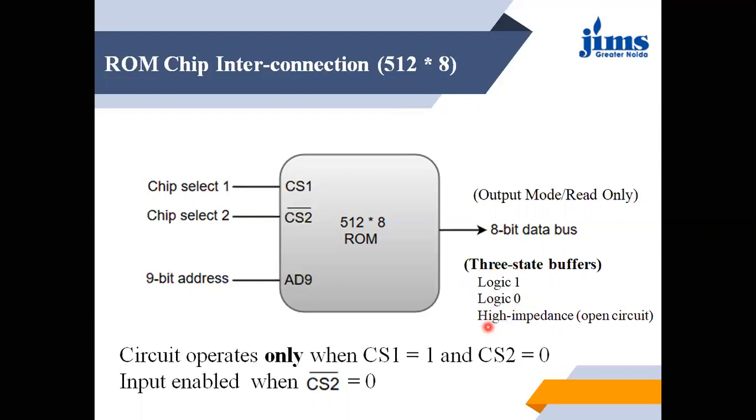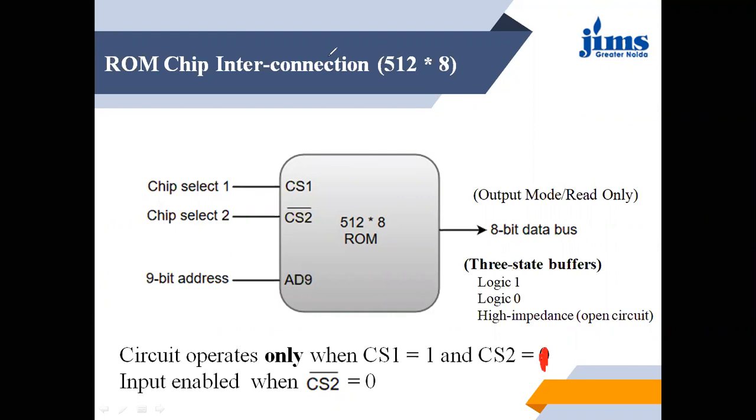So when this is in the high impedance, then it will work as an open circuit. So the circuit operates only when CS1 is 1 and the value of CS2 bar is equal to 0. It should be by mistake, I'm sorry, it should be 1 over here as in the case of the RAM.